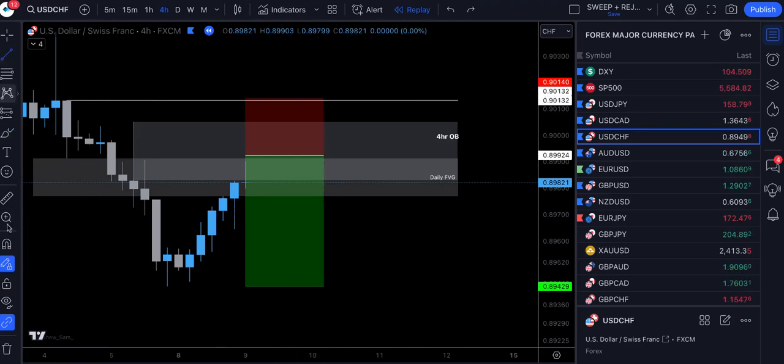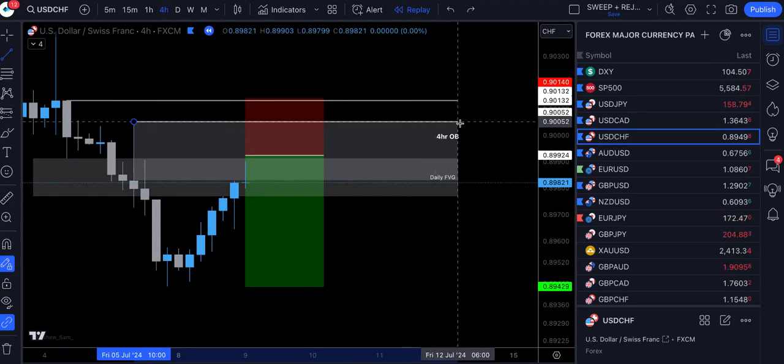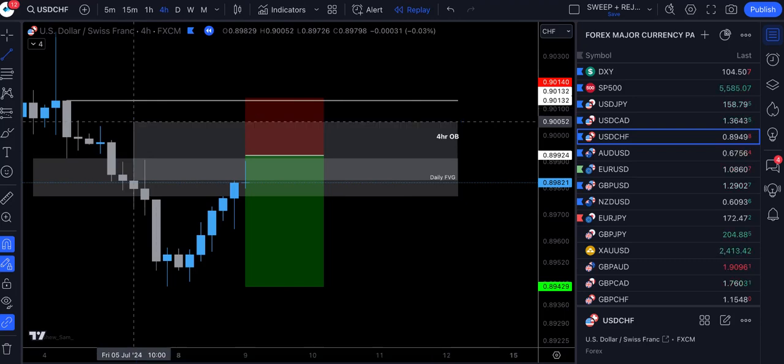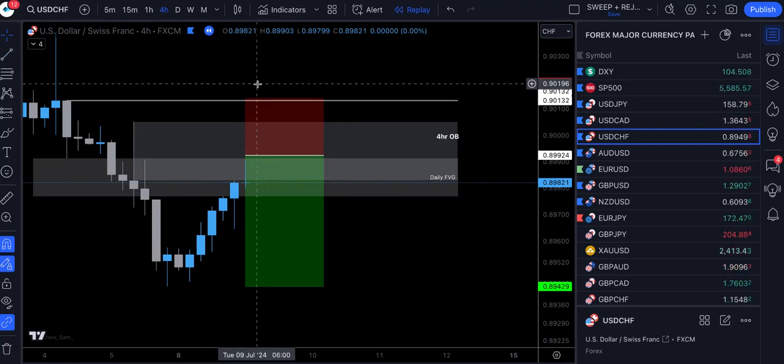So in theory, because this is the order block that sold off, you could have an invalidation above here. However, I think that's too tight, okay? This is something that I've touched on quite a bit recently, where you need to give your trade plenty of room to breathe and allow price to do its thing, okay? Because you set your order in the market.